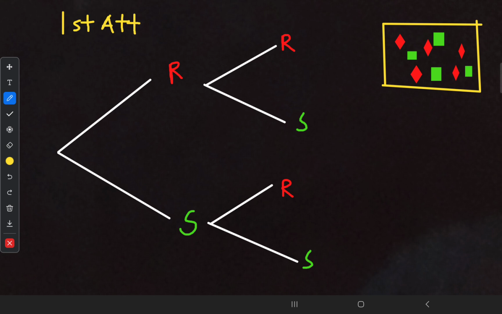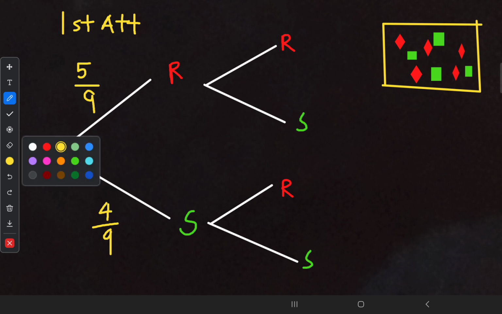So totally there are 9 objects. Out of that 9, there are 5 rhombus shapes. Accordingly I am going to complete this branch. In 9 there are 5 rhombus, and the remaining would be 4 square shapes. That's the way you should complete your first branch.